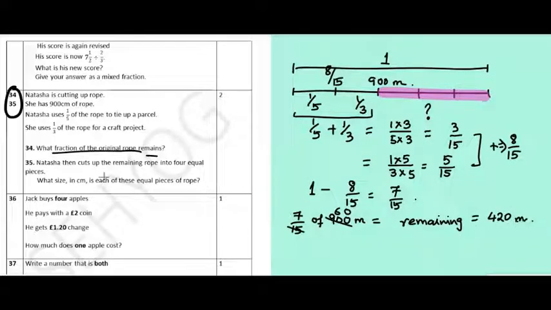So this remaining rope is being cut into 4 pieces. So divided by 4 because we are cutting it. So finally we will get our answer as 105 centimeters.